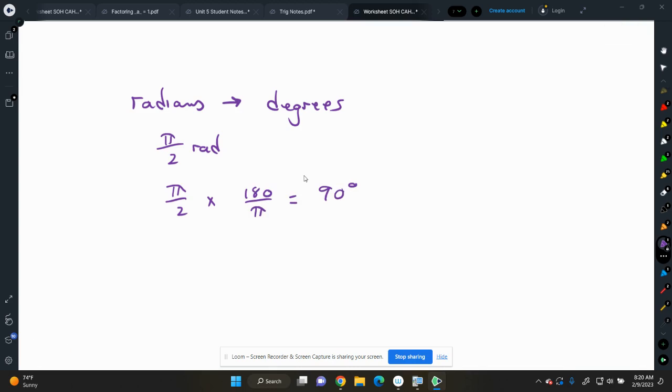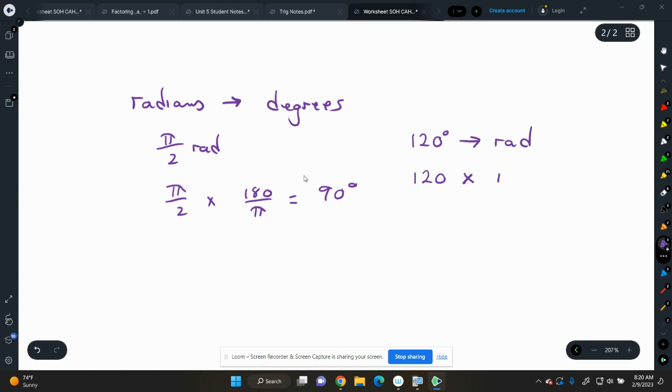Okay, going the other way, say 120 degrees to radians. So I do 120 times pi over 180. So let's see, 60 goes into 120 twice, and 180 three times. This is 2 pi over 3.